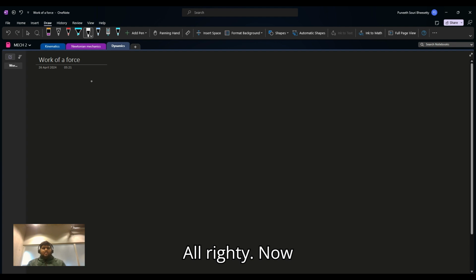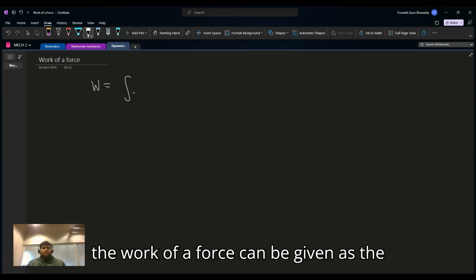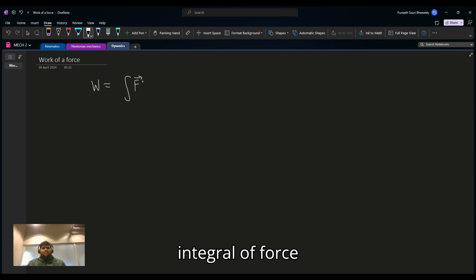Now the work of a force can be given as the integral of F dot dr, where r is the position vector and F is the force vector. Suppose I have an object.